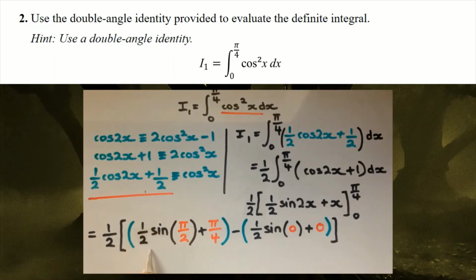Multiplied by 1/2 will be 1/2, plus the pi over 4. And then all of this will be multiplied by 1/2. So we can write down the final value now for this. 1/4 plus pi over 8, and we're finished.